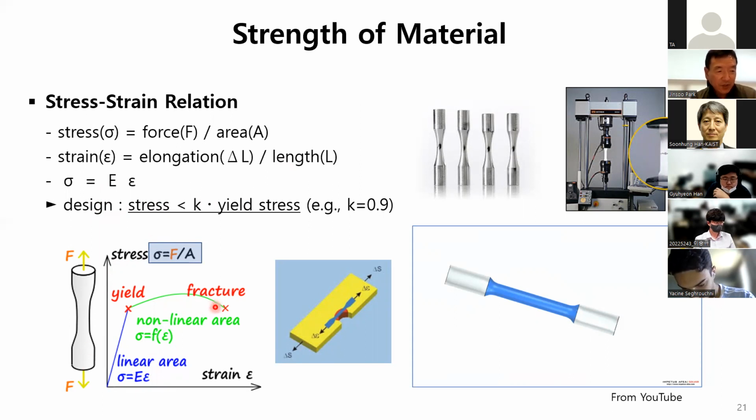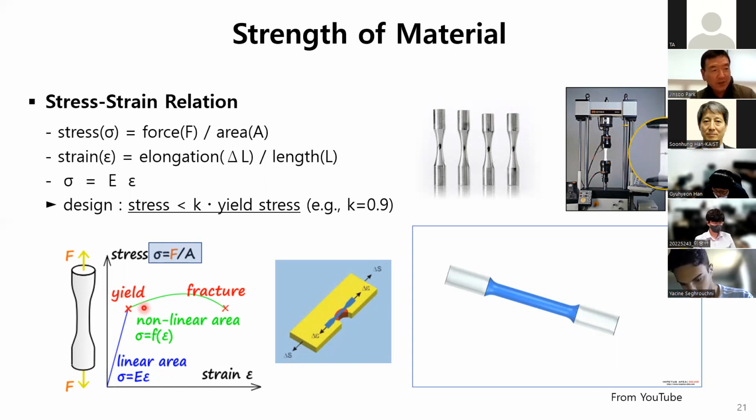This graph shows the typical behavior of stress and strain for structural steel. If you apply force, stress begins going up linearly until it goes up to some limit level. We call it yield stress. Beyond this limit, we cannot apply more force. Instead, elongation keeps becoming large, and finally it comes to fracture.